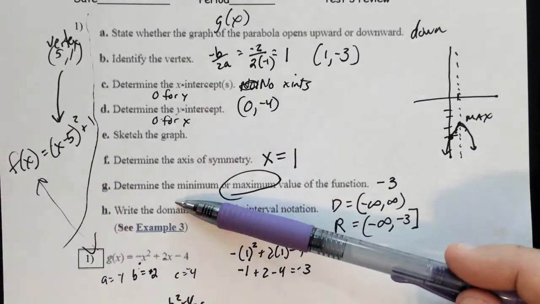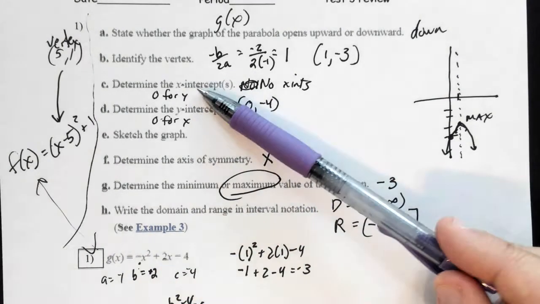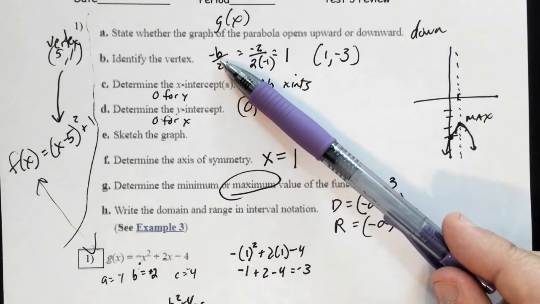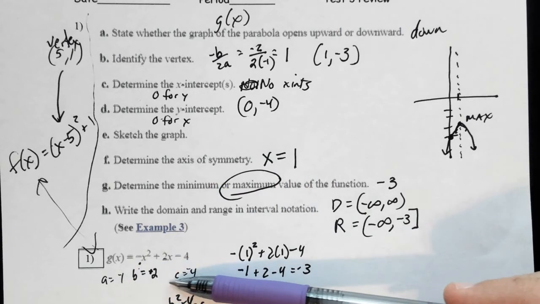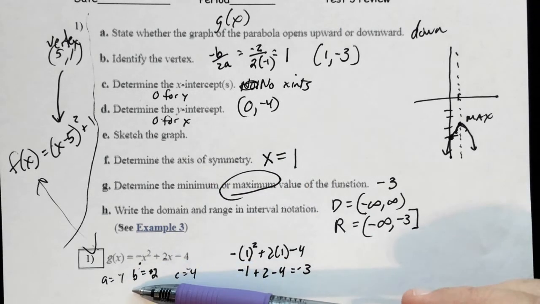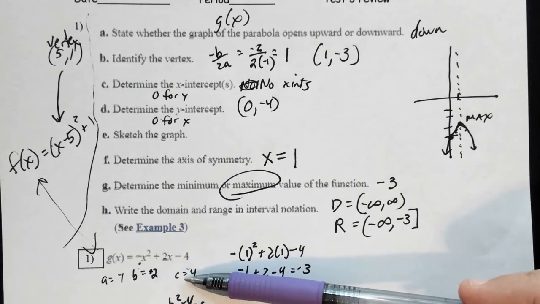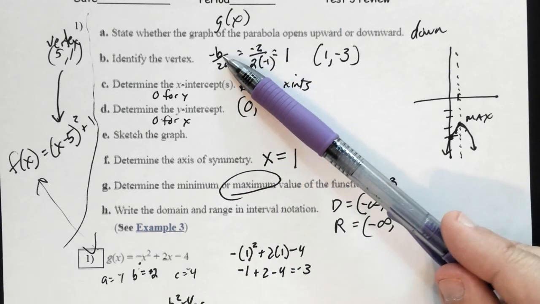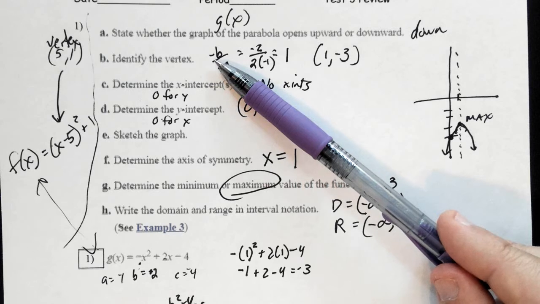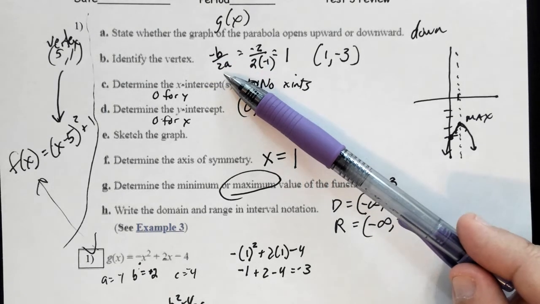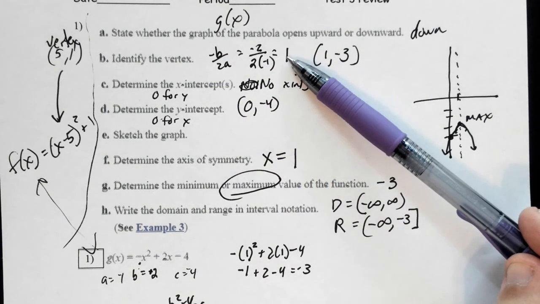How do I find the vertex of standard form? Remember, x value, negative b over 2a. So go find a, b, and c. Negative 1 for a, b is 2, c is negative 4. Plug in negative b, so it'd be negative 2 over 2 times negative 1, which would be 1.